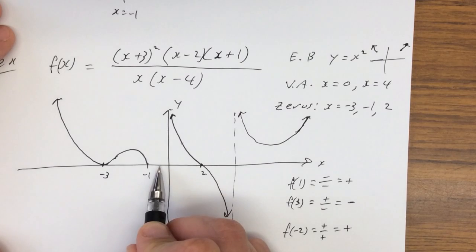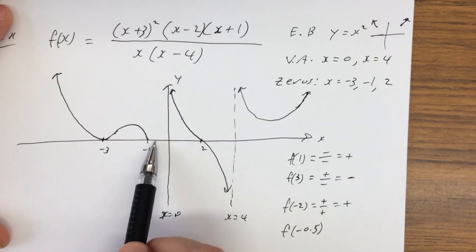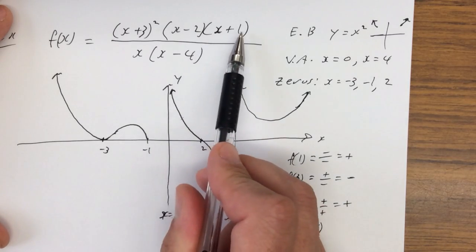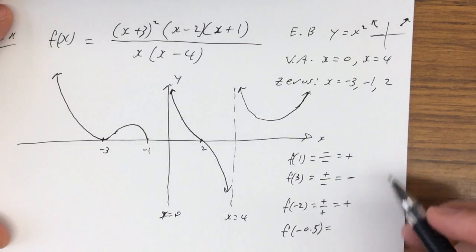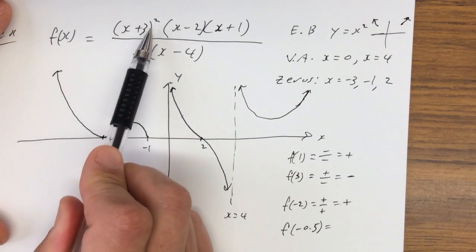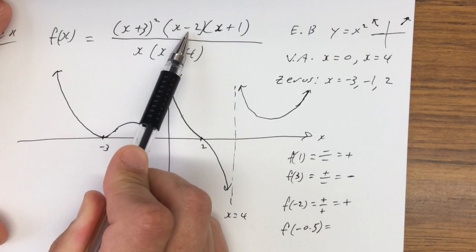So does it come down this way, or does it go back up that way? Well, now we need to try negative 0.5 in here. I want to see whether that goes down or pops back up. I'm guessing it goes down because x plus 1 is not squared. Okay, you'll get the hang of this. You won't even have to do this in the future, just for some of them. Okay, so let's try negative 0.5. Well, that's squared. It's always positive. Negative 0.5 here makes that negative.